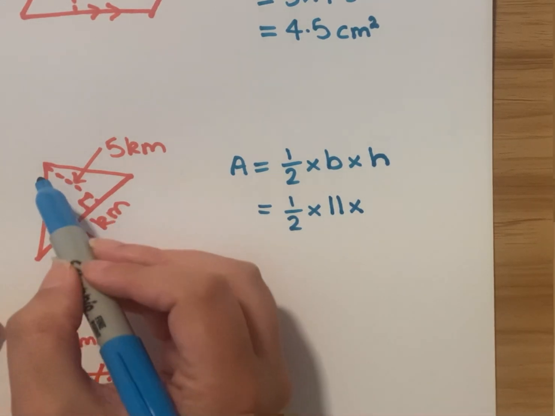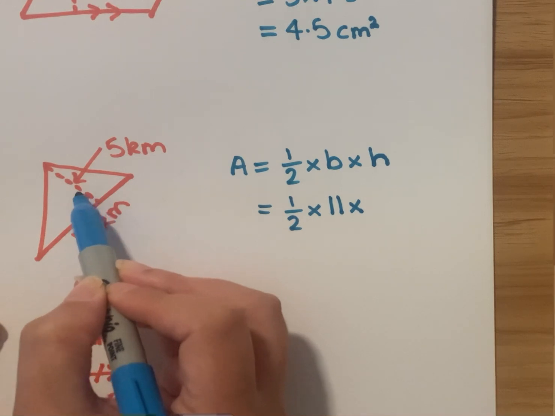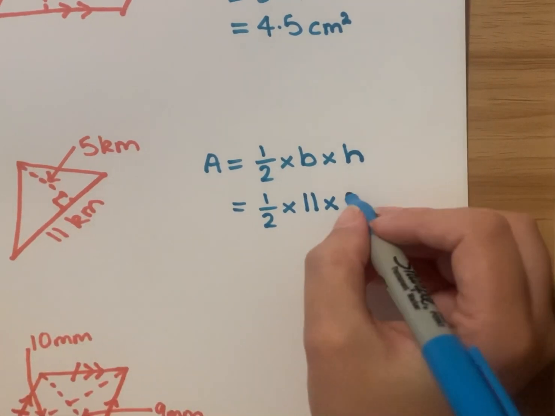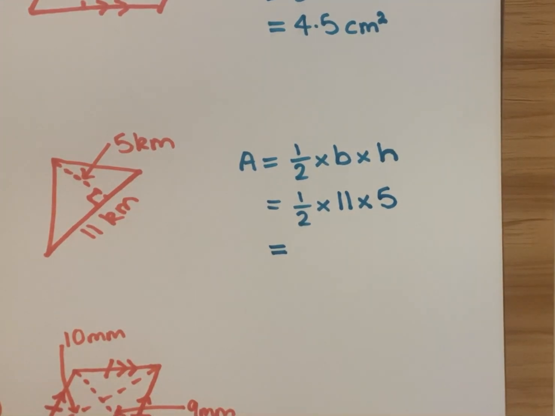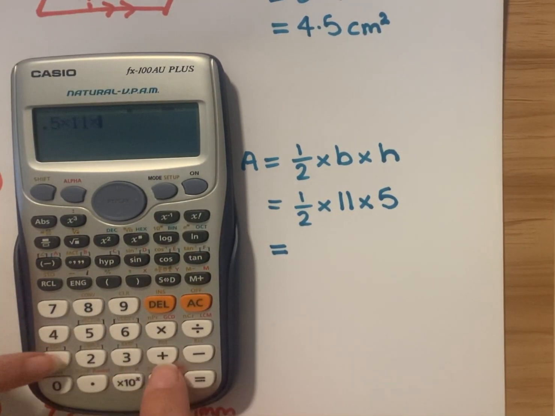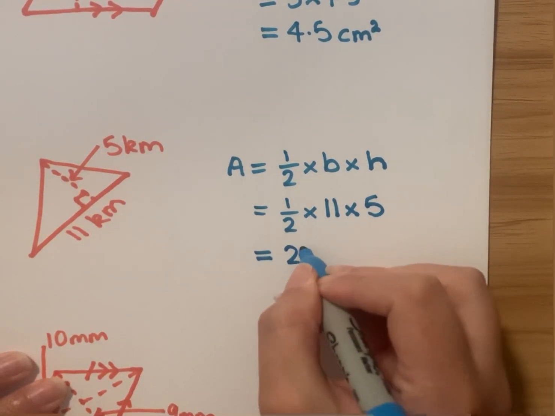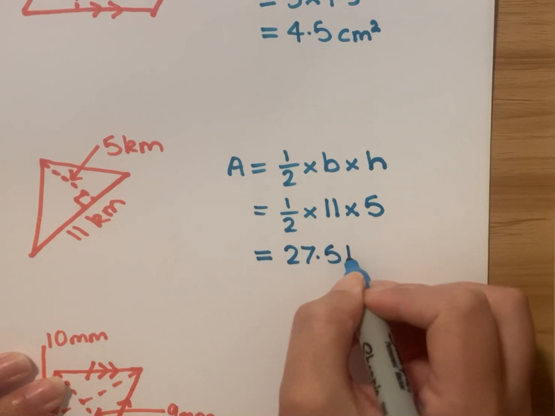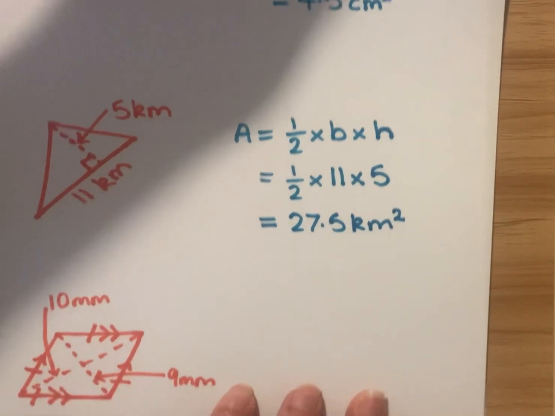We have to be careful that we don't take the slant height. It has to be perpendicular to the base. So it's this 5 kilometer length here. Now everything was in kilometers, so our answer is going to be in square kilometers. So a half times 11 times 5 is 27.5, and it's in square kilometers. So that's our area of the triangle.